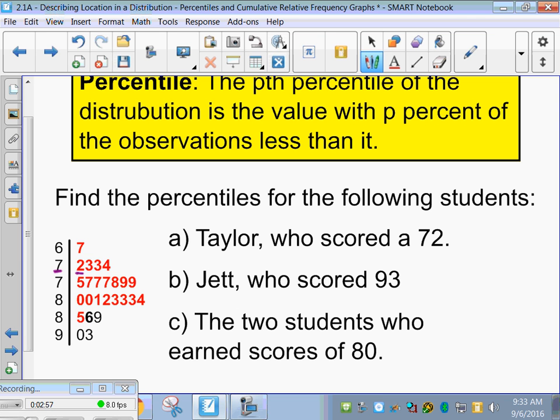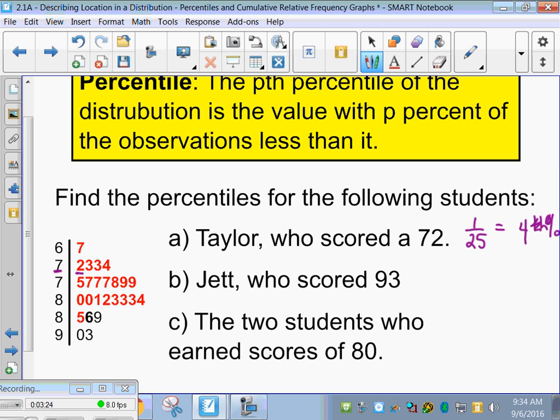How many people are below Taylor? One person. So not so good. One out of 25. So only one is below. So what percentile did she score at? The 4th percentile, or just 4%, what I should say.